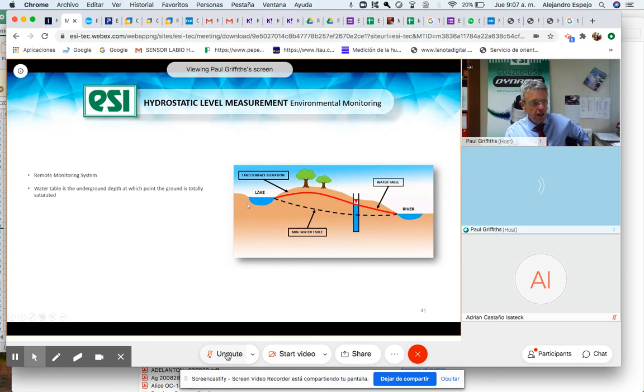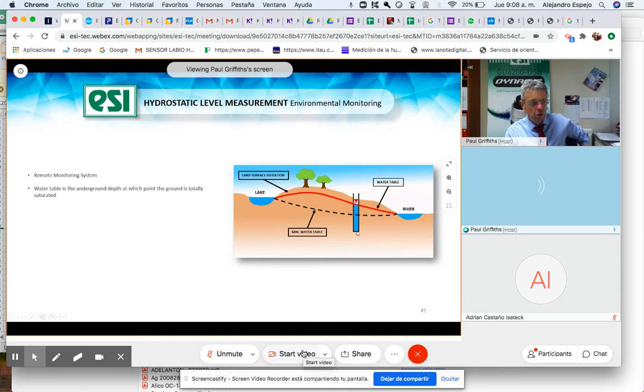So in this case, you have a lake, and there's been a lot of rain. The lake is filling up, and eventually the water level below ground will start to rise. A lot of our customers use this.